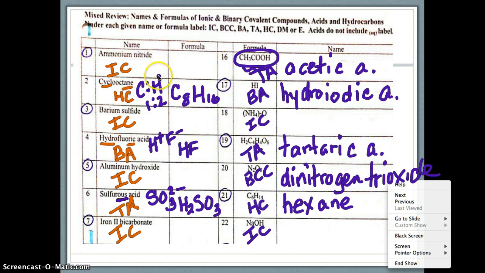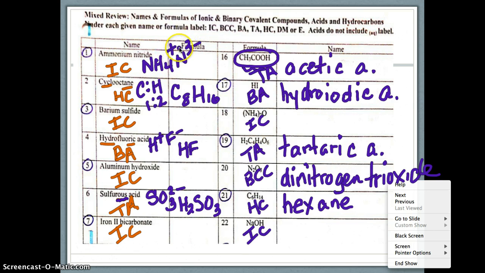And the ionic compounds, we have to name the ions. Or we have to look at the ions and put the formulas in this case. So here we've got NH4, 1 plus for ammonium, and nitride is going to be monatomic because it ends in IDE. So I have 1 nitride with a charge of 3 minus, and I have 1 ammonium with a charge of 1 plus.